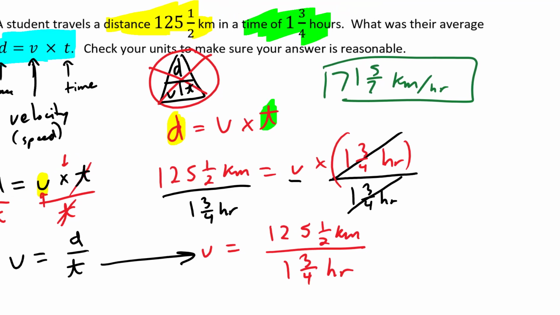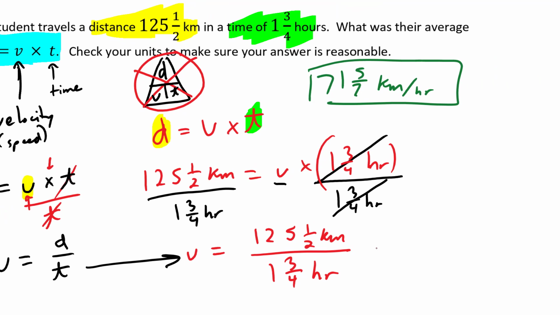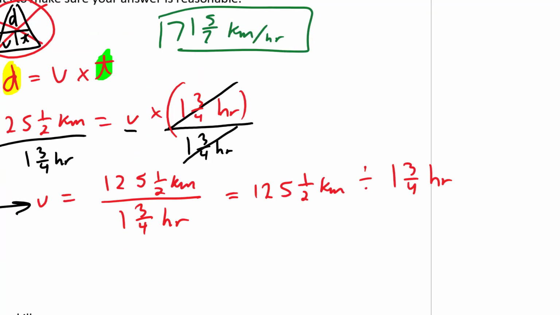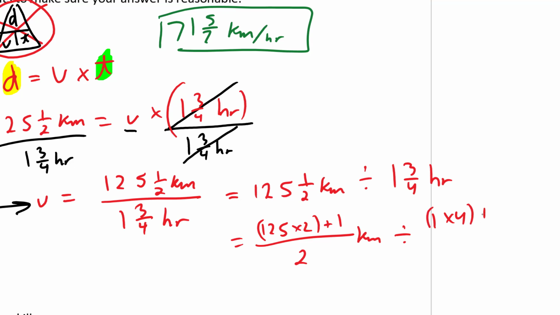Let's solve this now. What does this mean? Let's rearrange it. 125.5 kilometers divided by 1 3/4 hours. What's the first thing we want to do when we have mixed numbers? Convert them to improper fractions. 125 times 2 plus 1 over 2 kilometers, divided by 1 times 4 plus 3 over 4 hours.